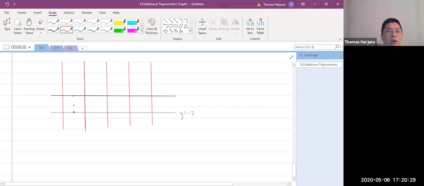Now, the graph of cotangent is like this, and then I copy paste that.